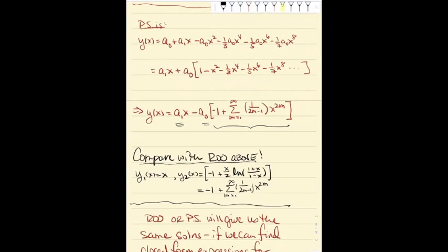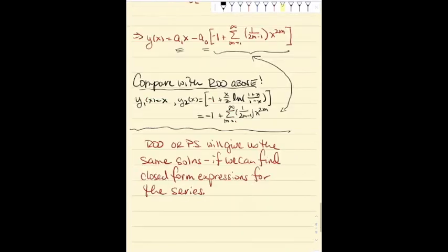Okay, so here we make the connection that whether we do reduction of order or we do a power series on Legendre's equation, we'll get the same linearly independent solutions. Now, whether or not we can find a closed form for those series, that's a different issue. But in this case, it was easy to connect the two up so that you could see how you can arrive at this in multiple ways.